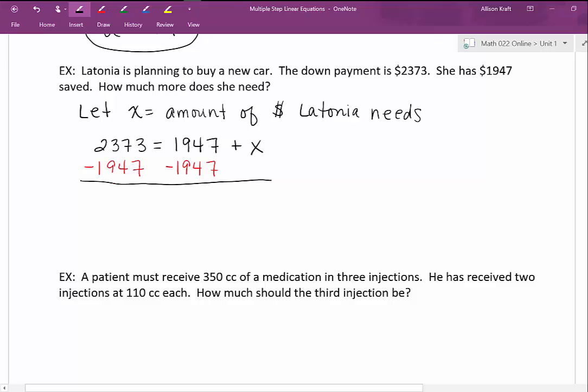This gives me 426 is equal to x, which means that LaTanya needs $426 for the down payment of her new car.